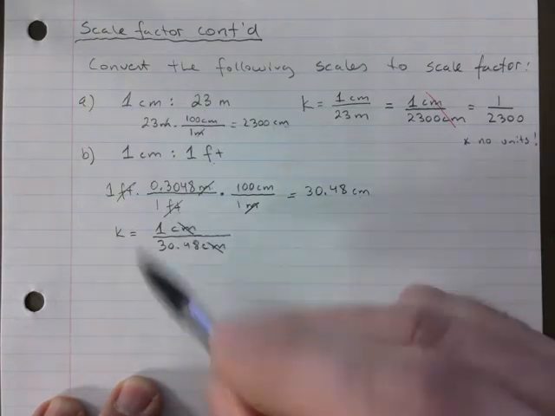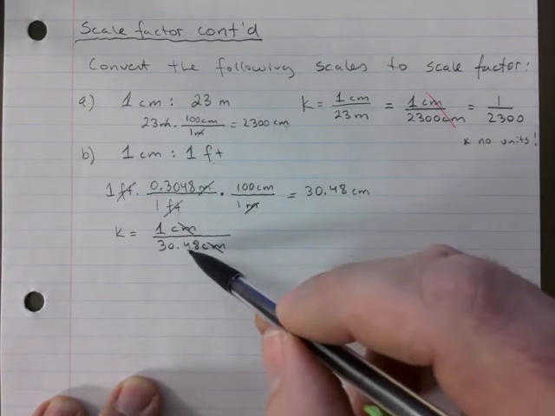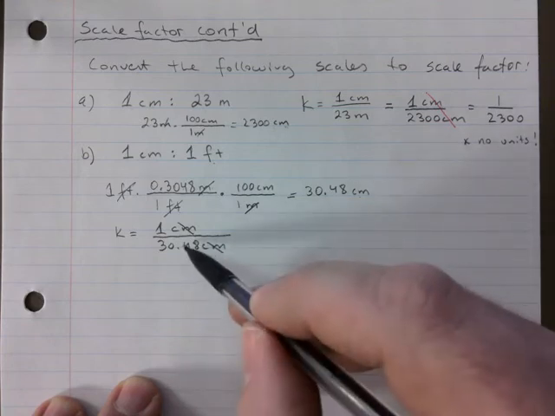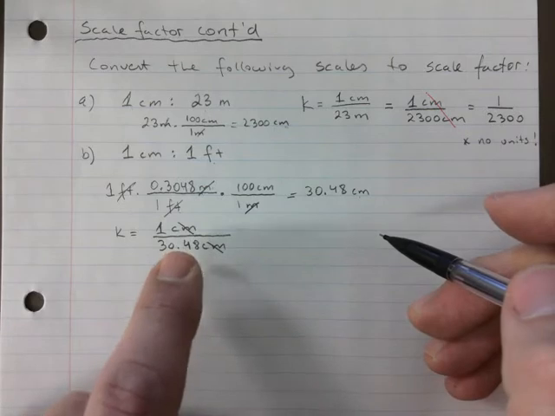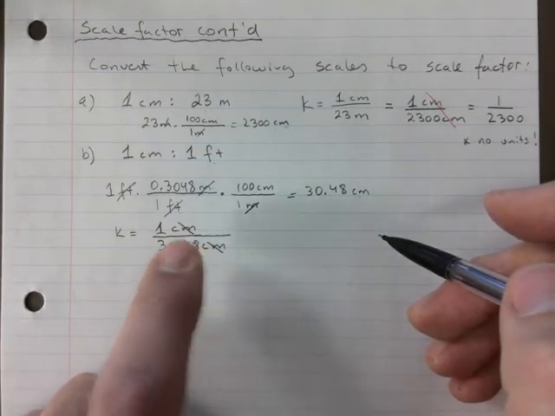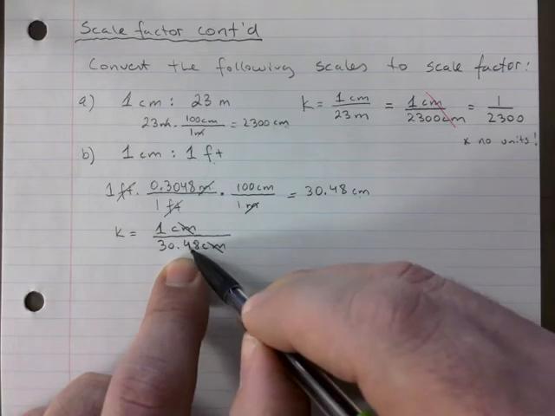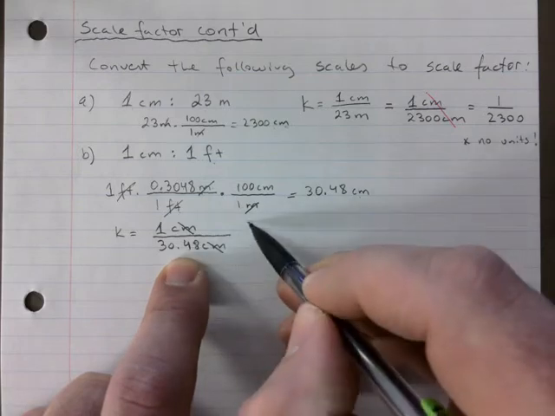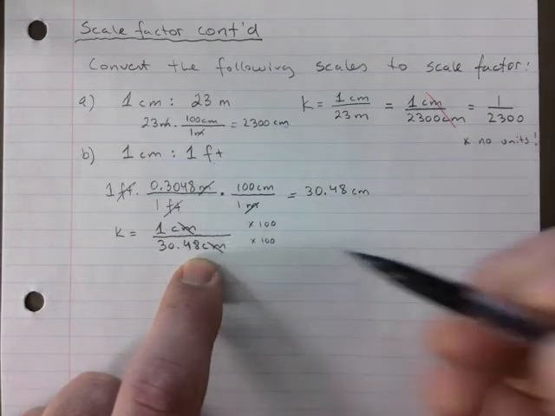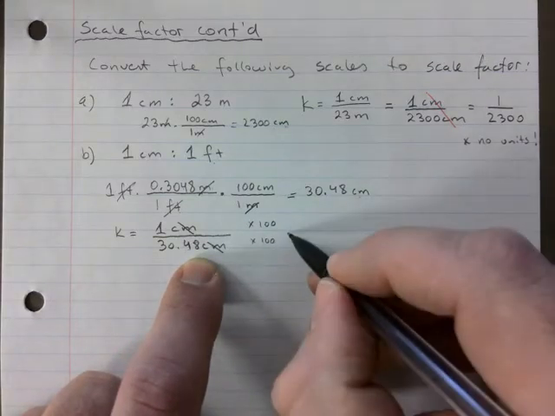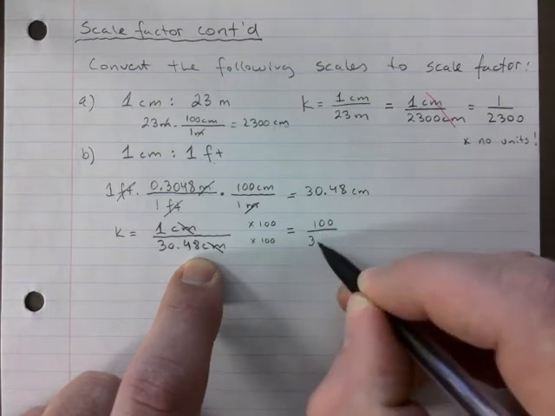Now, in this case, this isn't really pretty, right? A decimal denominator, I'm pretty sure you would lose marks in IPR if you left it like that. So what can we do to get rid of that? How many decimals? 2. So if you multiply both by the same number, you're not altering the fraction. So this would be 100 over 3048.